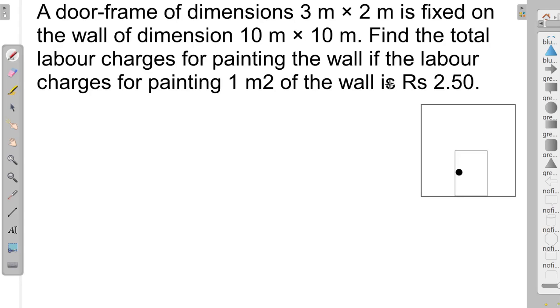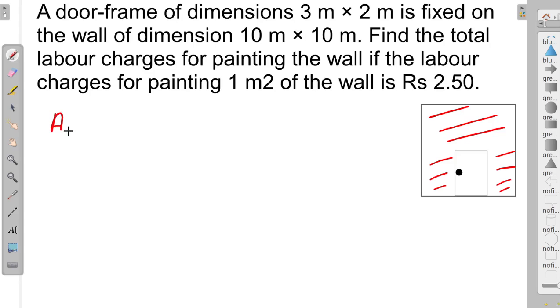How to solve this type of question? In this question we have to find the area where the paint is done. Paint is done on the walls. We have to leave the door. So we have to find the area of the remaining wall. First find the area of the square.